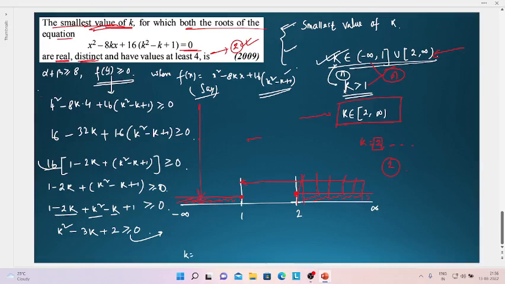You will be able to secure a good rank in JEE Mains as well as JEE Advanced, so that you will be able to get a good branch in IITs, right?